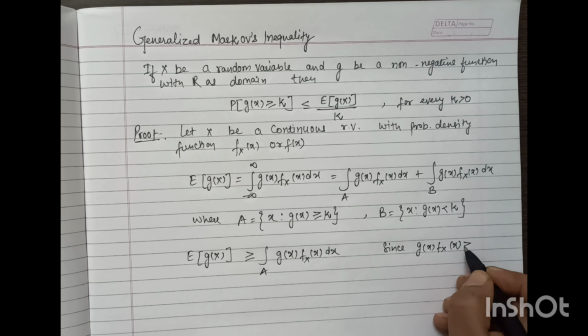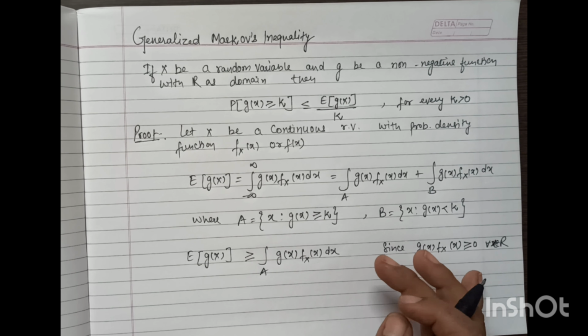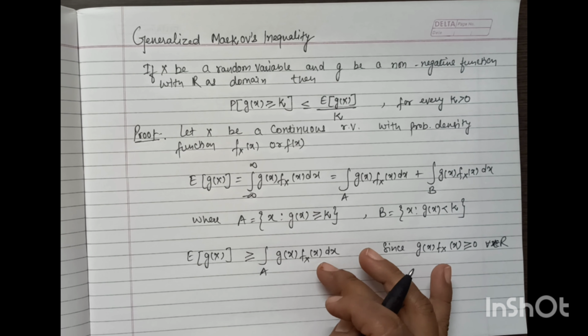So whatever value it takes, the sum will be greater than this value, right? Now simplifying this, this is further greater than or equal to, if I replace g(x) by k, the integration remains. Why? Because k is the least value. So I'm replacing the function with the least value, hence the integration will be greater than or equal to.